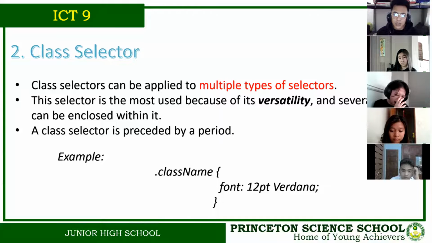Class selector is preceded by a period. Similar to what we have now, we are inside the same class. For example, your section is Brilliance B. That is your class.